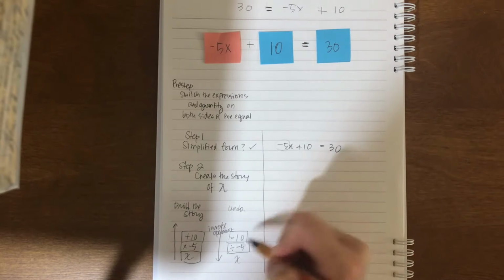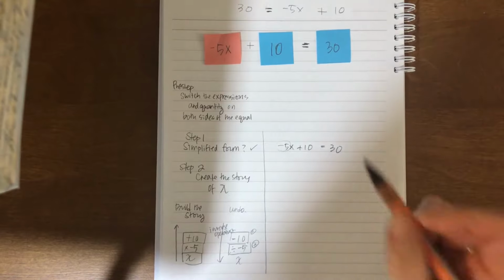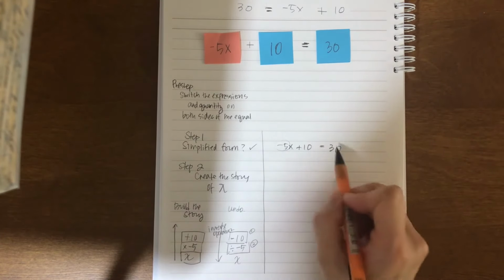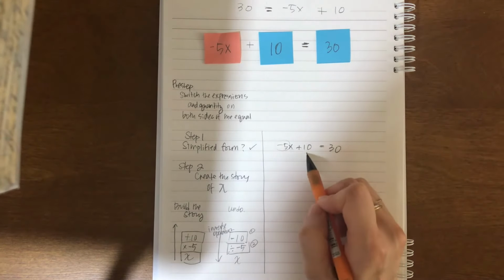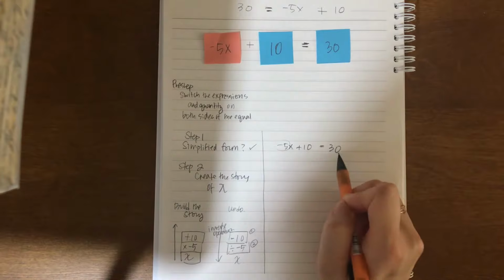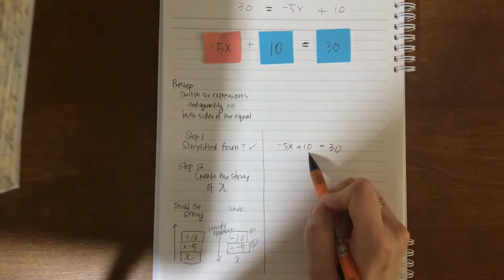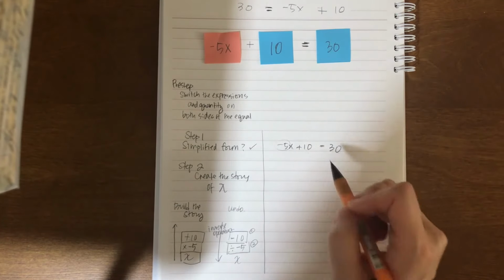So now let's go to this side and let's follow step 1 and step 2. Remember, because of this equal sign that says this expression and this quantity are the same, whatever we do to this side, we have to do to this side. So if we're going to undo this side, and we're starting off here because x is on this side of the equal sign, if that wasn't clear before.